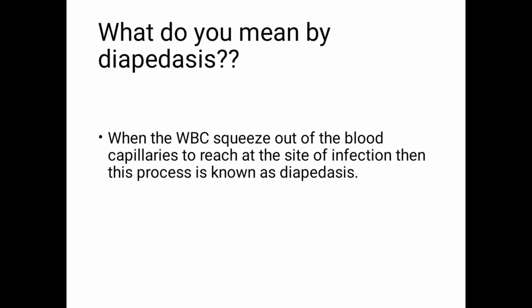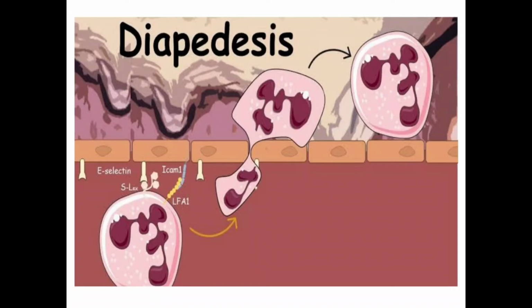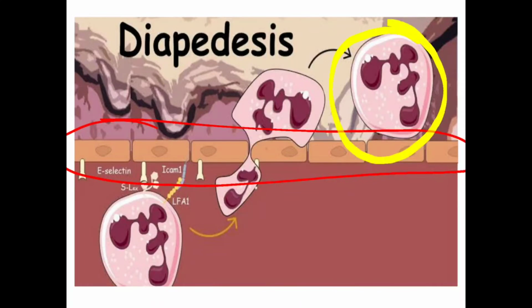I will show you the image of diapedesis. In this image you can see a blood capillary. This is the wall of the blood capillary. This WBC has come out from the blood by the process of diapedesis.